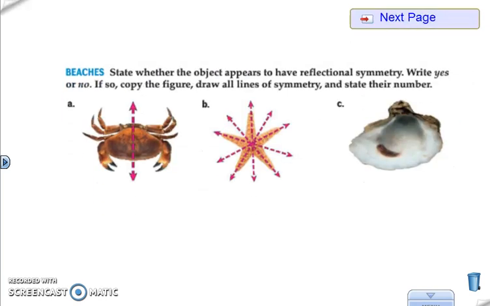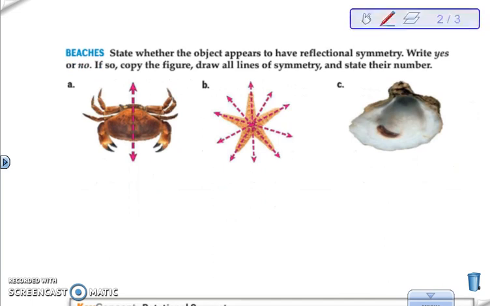So if we look at these three pictures, we can see that the crab has one line of symmetry going down the middle. We see that the starfish actually has a number of symmetrical lines. If we're counting it, we have 1, 2, 3, 4, 5 different lines of symmetry.